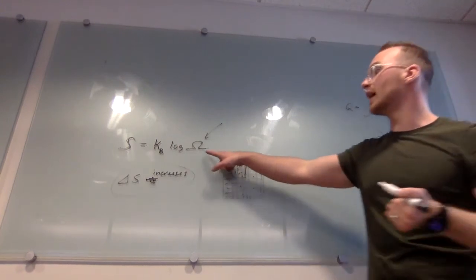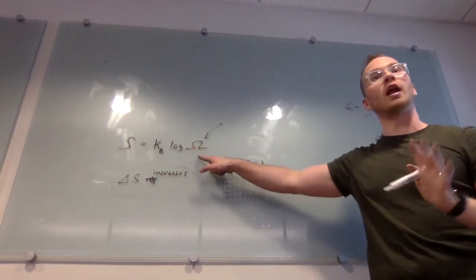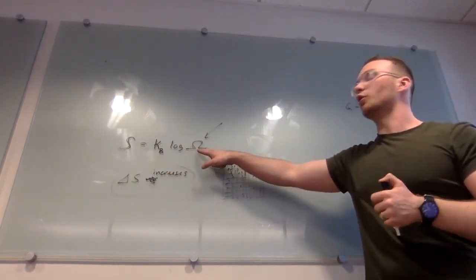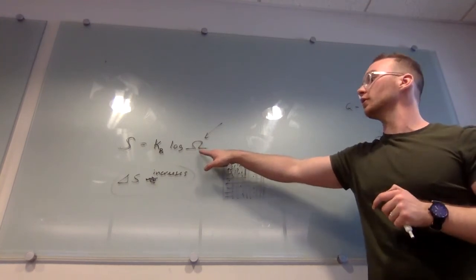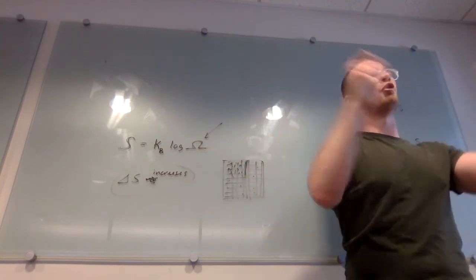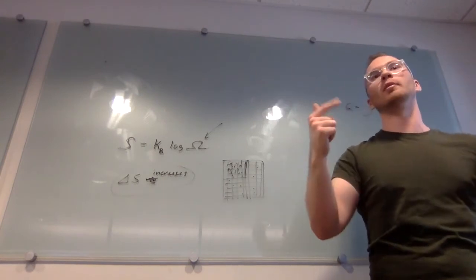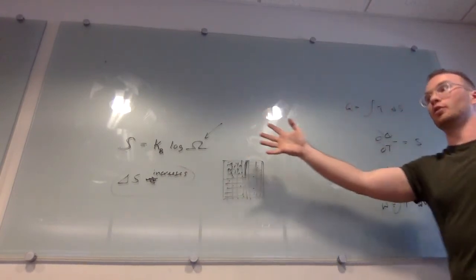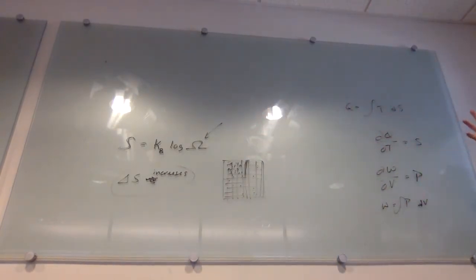In the microcanonical ensemble, your system will tend to go towards configurations where there are multiple copies that look very similar. If the gas molecules are basically everywhere, there are many such configurations. There are very, very few, comparatively, that are all in one corner. Effectively there's zero. Of course, there are some. You could just put them all in the corner, that would be fine. But there are very, very few.